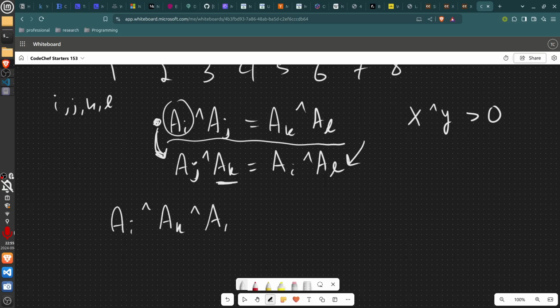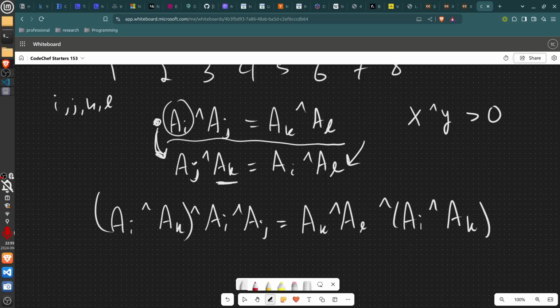Okay, so you XOR these two, and then on this side, you take these and you XOR the AI and AK. And then what happens is these will cancel and this will cancel.